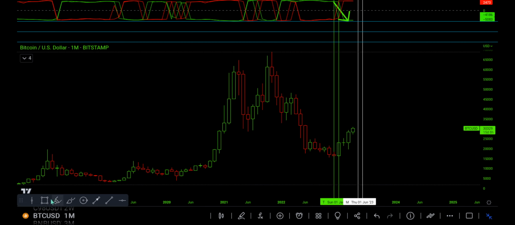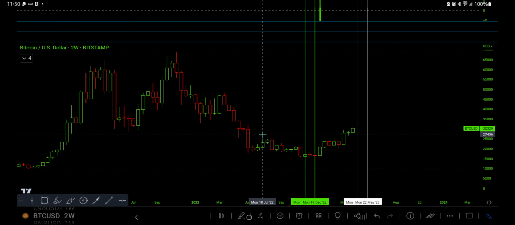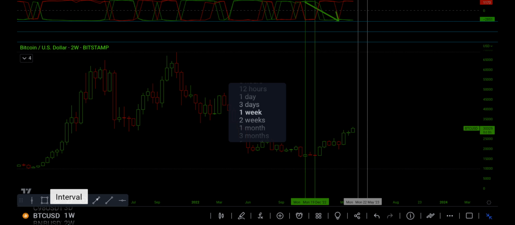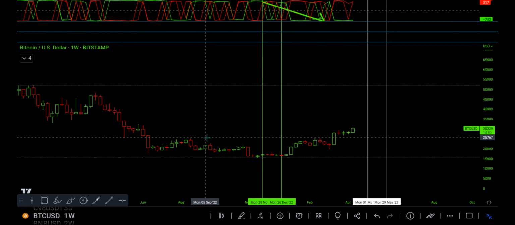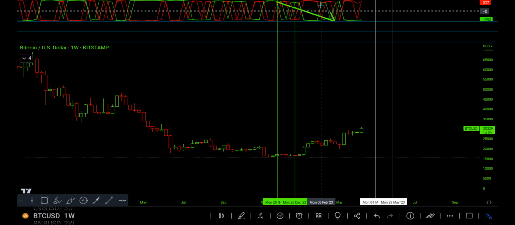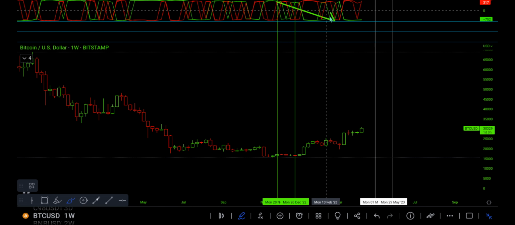Okay. Now we're gonna move to the 1 week. We still have that bullish momentum coming down. Now the question is, when will the bearish divergence come in? And we can see that despite all this bearish divergence, we have an M pattern within this.